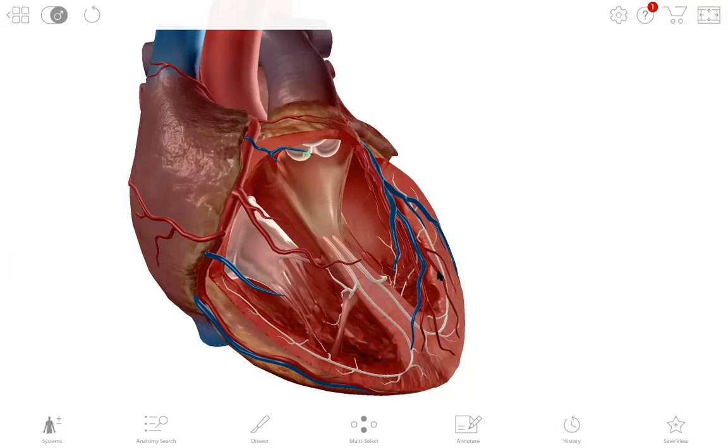These plexuses are formed from the autonomic, that is, from the sympathetic and parasympathetic fibers. If I ask you from where the heart gets its parasympathetic fibers, you must say from the vagus nerve, the 10th cranial nerve.